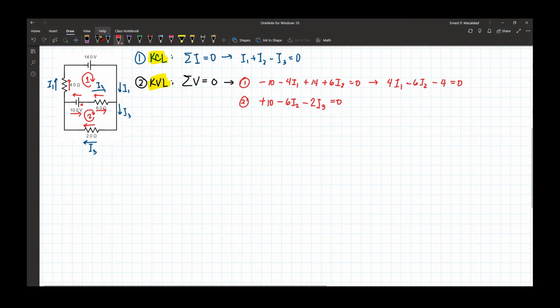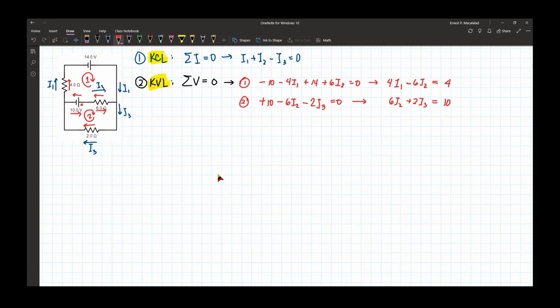Okay, it should be 4. So on this side, we now have 6I2 plus 2I3 equals 10.